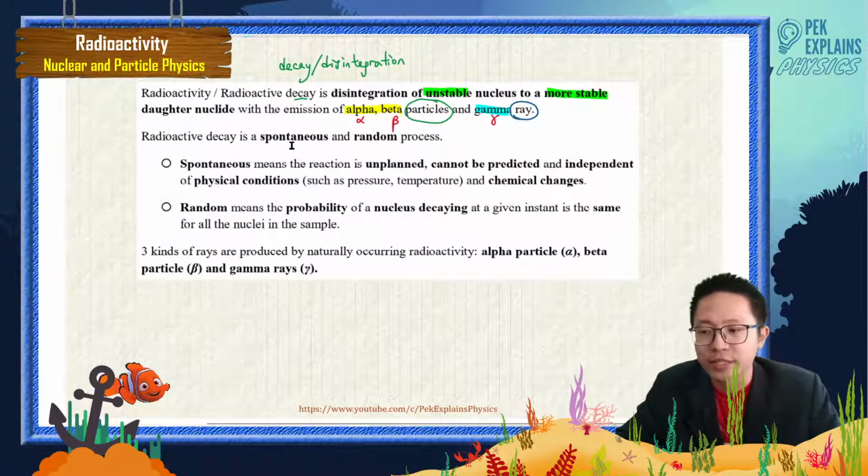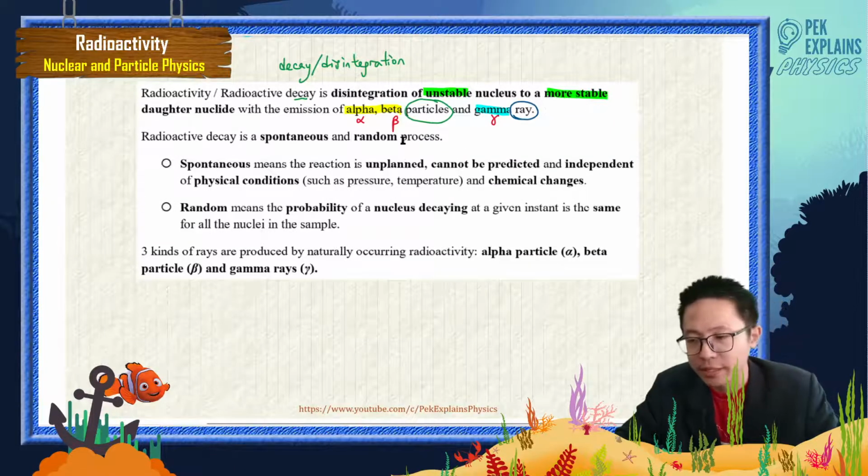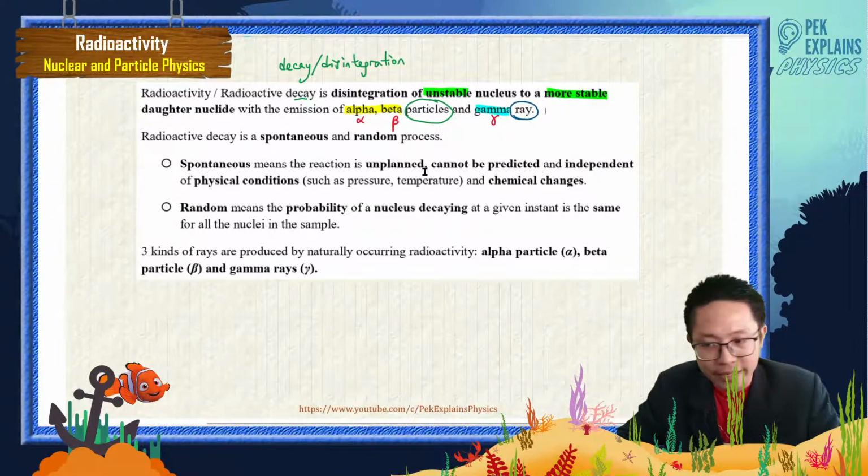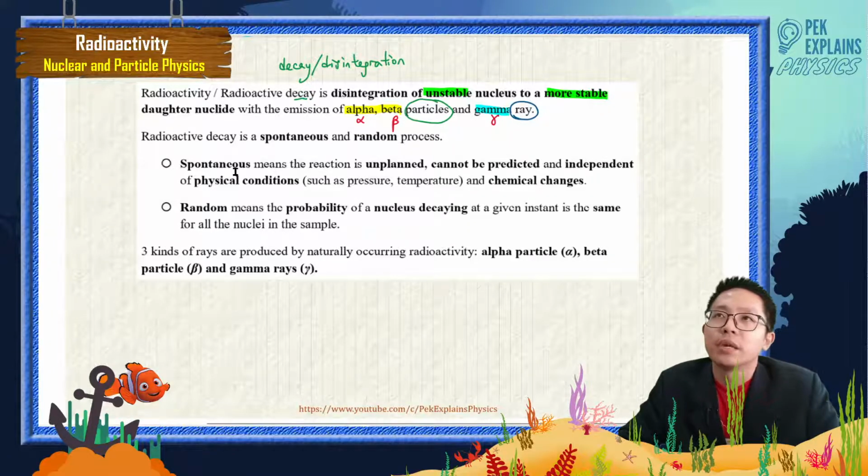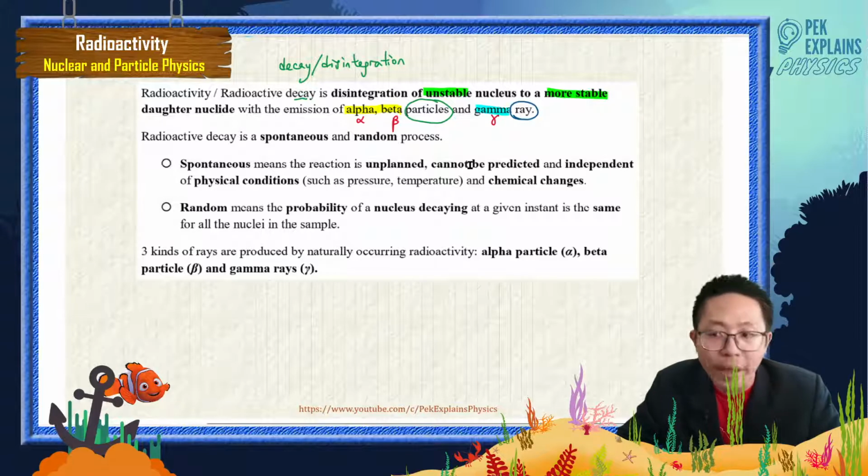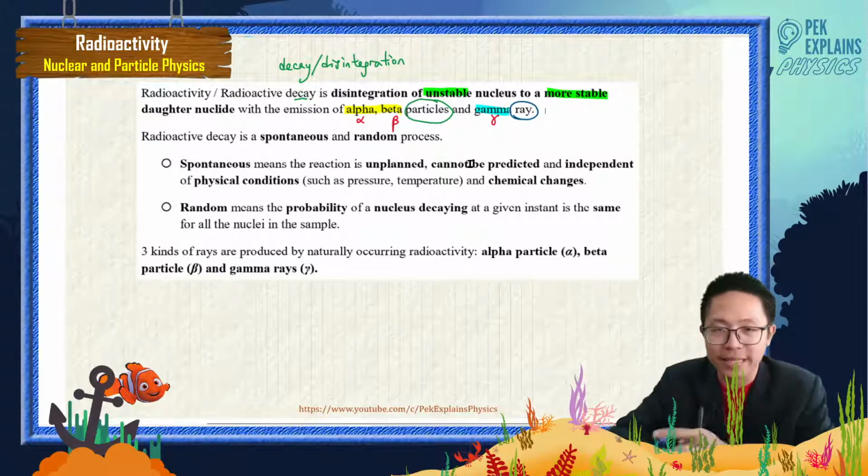Radioactive decay is a spontaneous and random process. How do we understand what is spontaneous and random? Spontaneous means it is unplanned, cannot be predicted, and is independent of any physical conditions like pressure, temperature, and chemical changes. You cannot know the exact time when it happens.